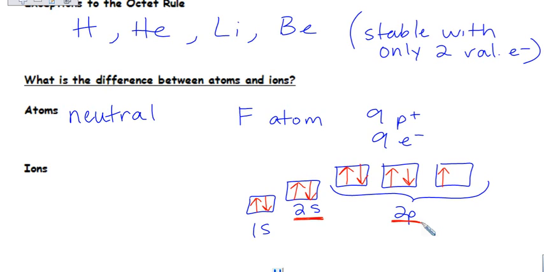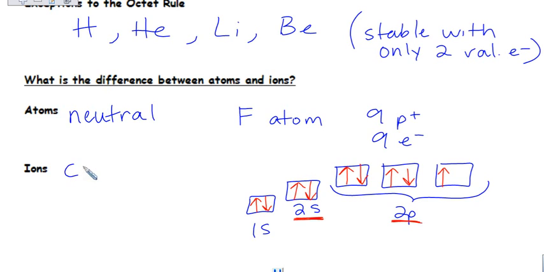We only have 5. This is not stable. Neutral does not always mean stable. The only atoms that are stable when they're neutral are the noble gases. They already come with full outer shells. They don't need to gain or lose electrons. All other atoms do. And when they do gain or lose electrons, they form ions.